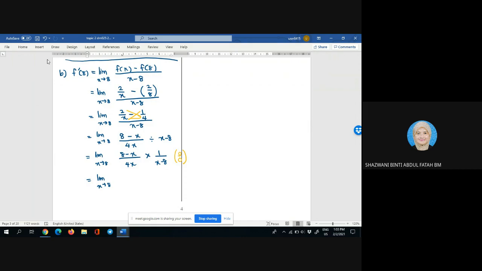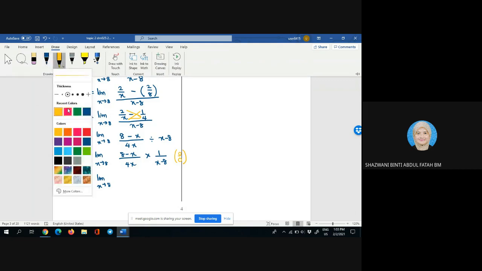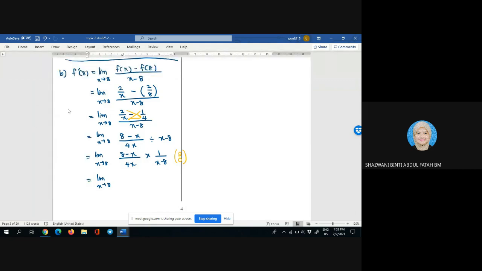So that means kita kena buat sedikit alteration. Okay, kena ubah sikit. So tengok bawah ni x dekat depan, yang atas pun x tu kita kena letak dekat depan. So what I do is I write down the negative in front, and then later I write down x. Okay, so in order to get positive 8, so this one becomes minus.